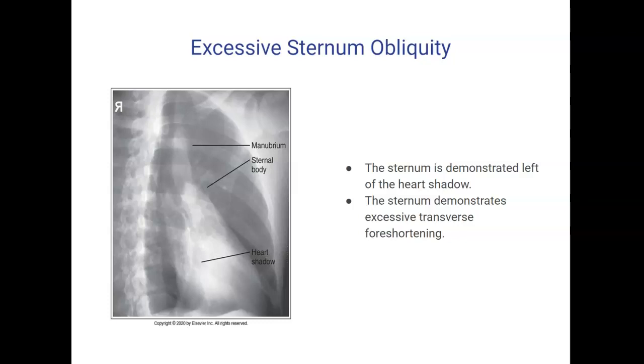So when you take a look at this image, it points out where the manubrium is and the sternal body. And see, the sternal body starts to move past that heart shadow here, which is pretty much right here.